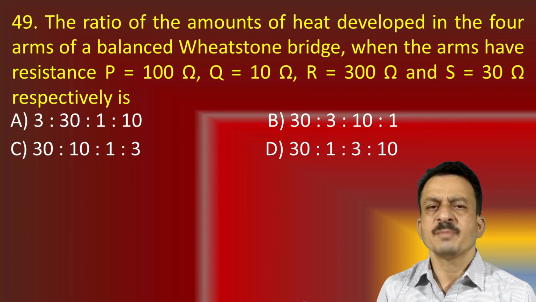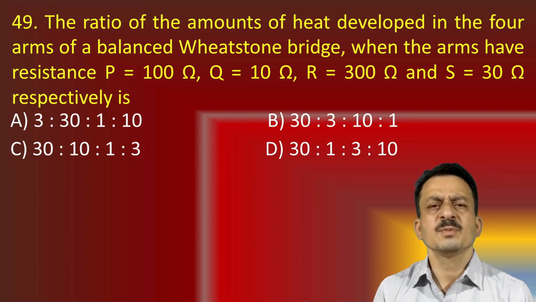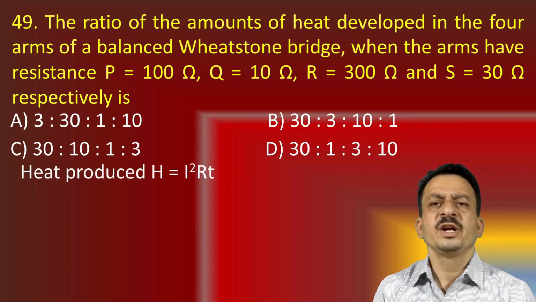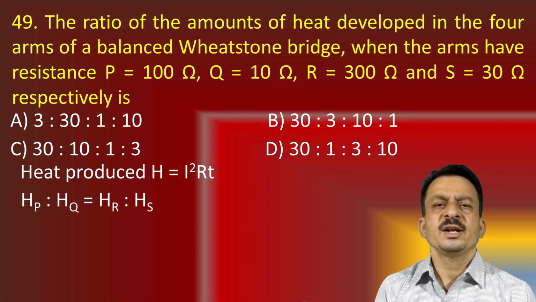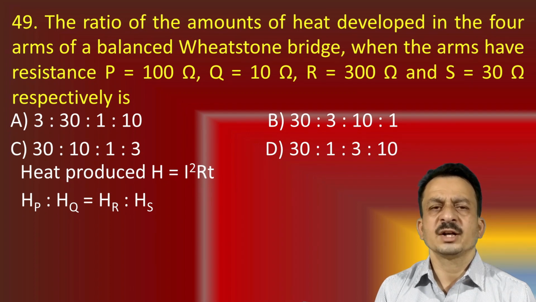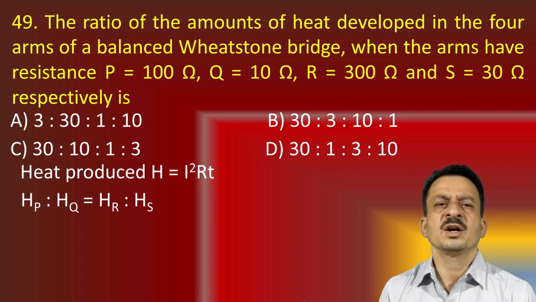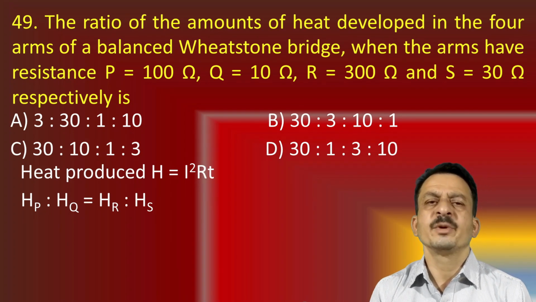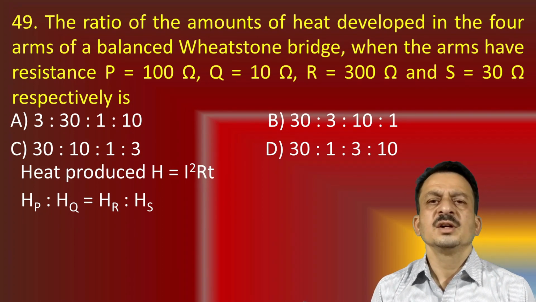Since the bridge is balanced, here we have to calculate the power dissipated, that is heat developed. Heat produced is H equal to I square R t. With that, we will write HP, the heat produced at resistor P, is to HQ should be equal to HR is to HS, because the bridge is balanced.